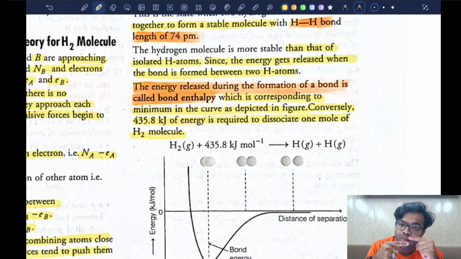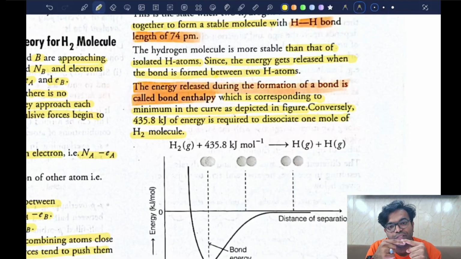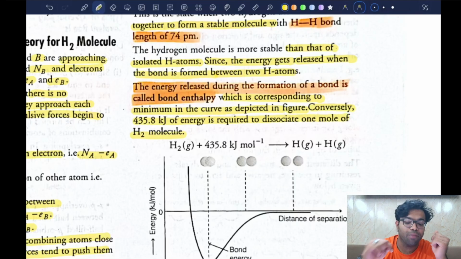When the bond was being formed, energy was released, so to break the bond, you have to provide the same amount of energy. That is what we call the bond enthalpy. Enthalpy means heat, it means energy. It is a form of energy. So you have to provide them with the same amount of energy that they released to break the bond.